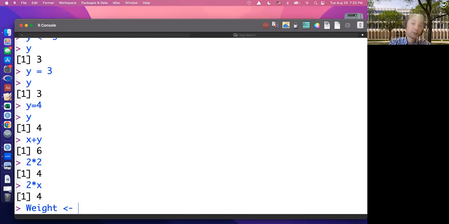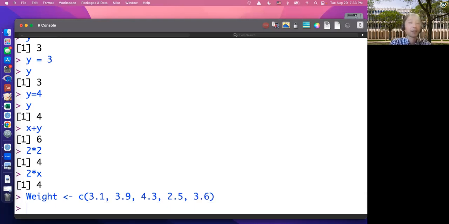So for example, say we want to define the weights of 5 babies in one object, then you can create it like this. So we have 5 numbers: 3.1, 3.9, 4.3, 2.5, and 3.6. We want to make a vector with these 5 elements.